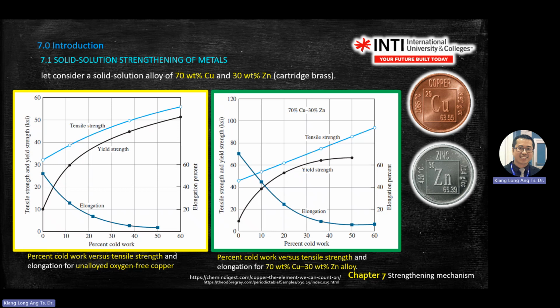But you see the differences between left and right. The left one is unalloyed oxygen-free copper. So you'll see this one on the left is copper properties. You see copper properties is a bit lower compared to the alloy. Although on the left you see it is a bit higher.